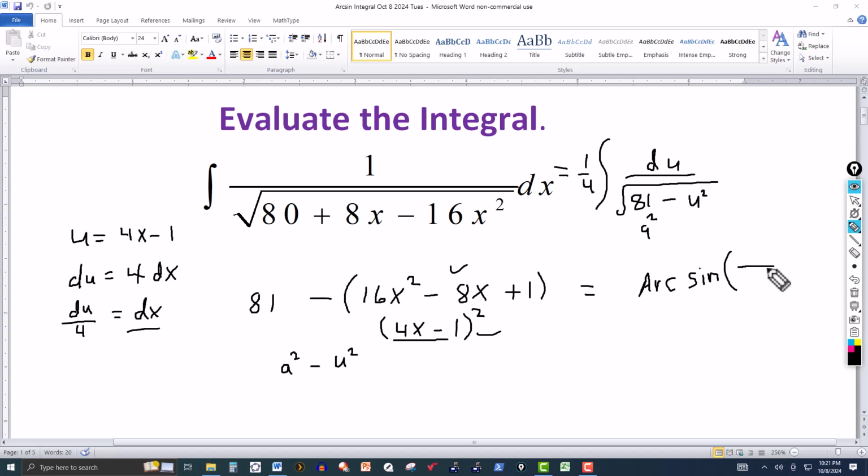Now in our case, u is 4x minus 1, so this will be 4x minus 1 over a. In our case, a is 9, plus the constant of integration. And of course the 1/4. The final answer then is 1/4 arcsine of 4x minus 1 over 9 plus the constant of integration. Thanks for watching. We'll see you next time.